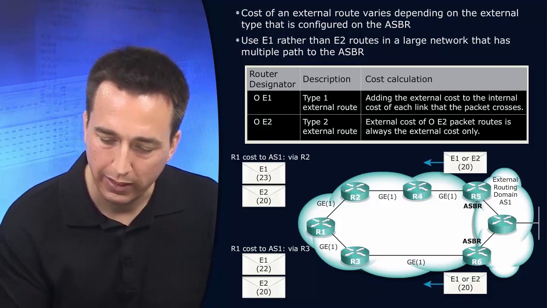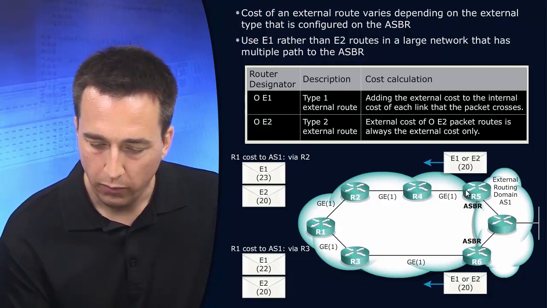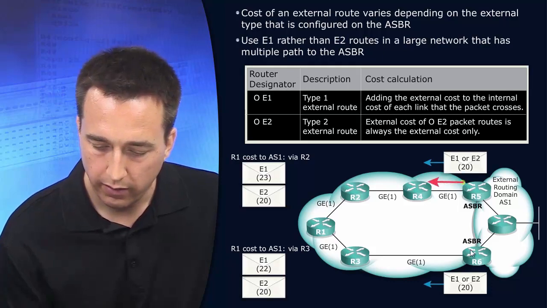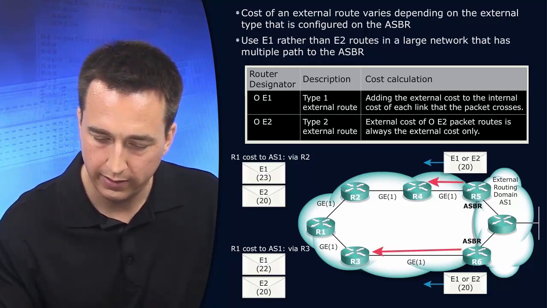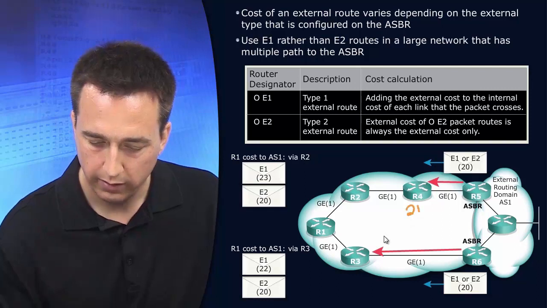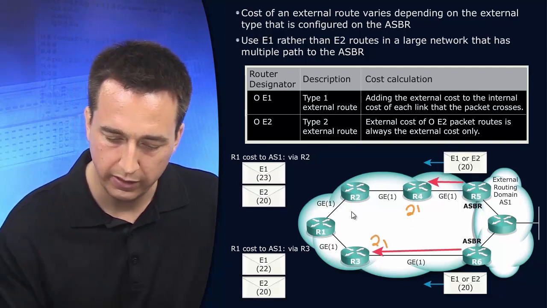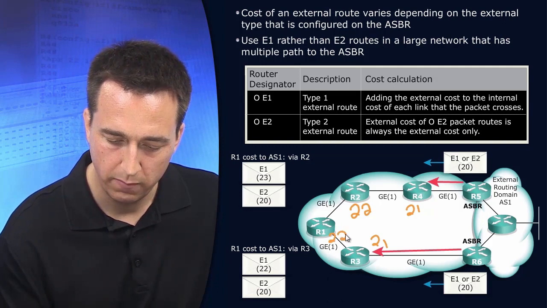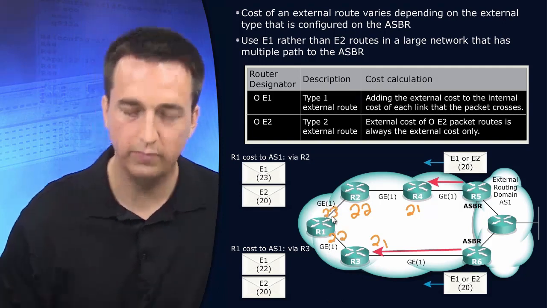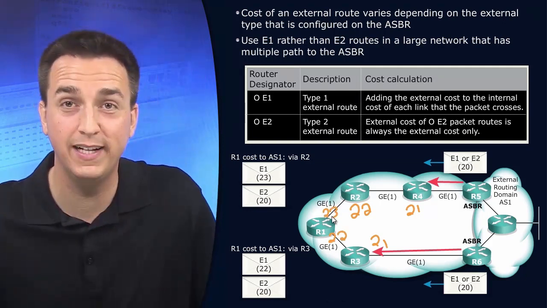So as we see here with E1 now, when the E1 route gets injected, this router sees it as what? It sees it as 21. And then this router sees it as 22. And this router sees it as 22 and 23. That's what it sees it as.